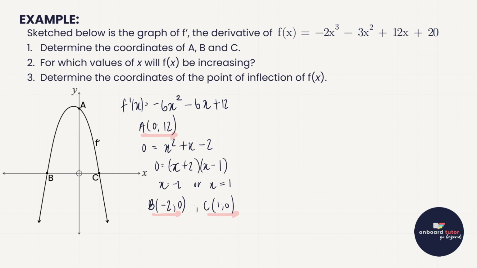Okay, now we're going to interpret this graph here. For which values of x will f of x, so this thing here, be increasing? Okay, so what do we know about a derivative? We know that if f prime of x is greater than 0, then the graph is increasing.